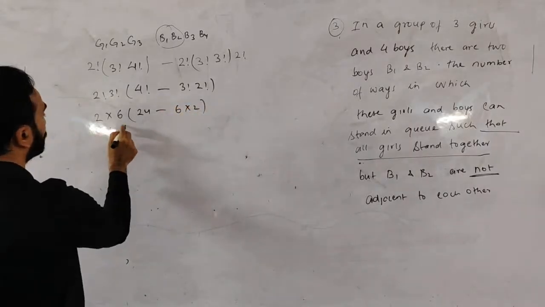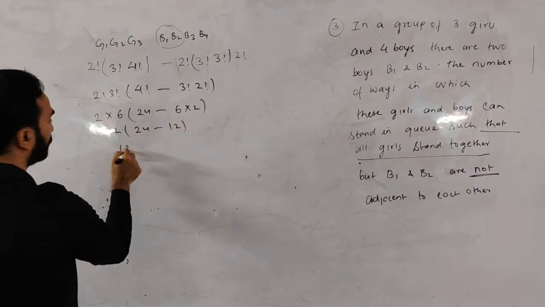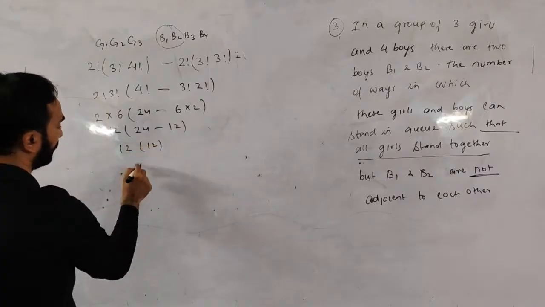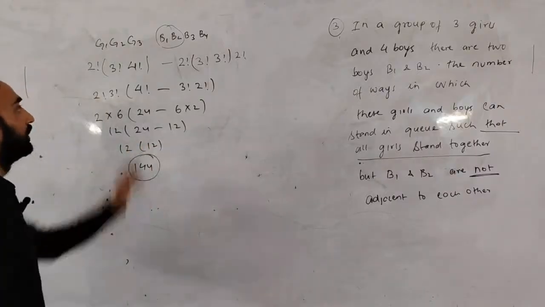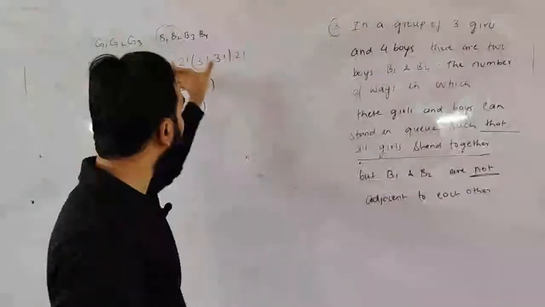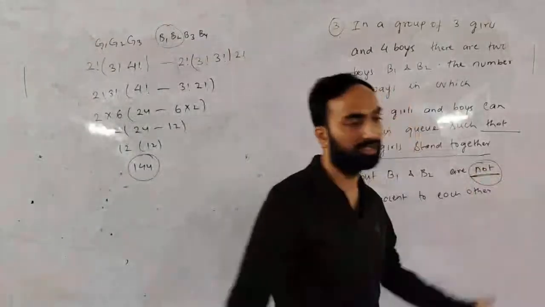So how much is this? 24 minus 12, this will come 12. So 144. This was the total part. This was the ways in which B1 and B2 are together. So that will give you the not condition, right?